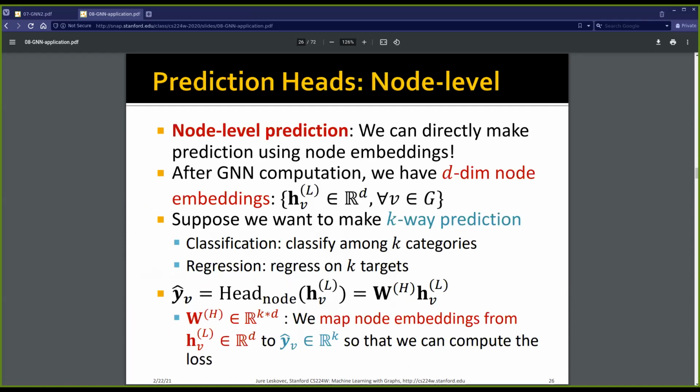For node level tasks, it's quite easy because we already have node embeddings. Given a d-dimensional node embedding, if we have, for example, a multi-class classification problem or a k-target regression problem, then we want to transform those features using some matrix to get a k-dimensional vector. And then we can combine it with some loss function, and that's everything.